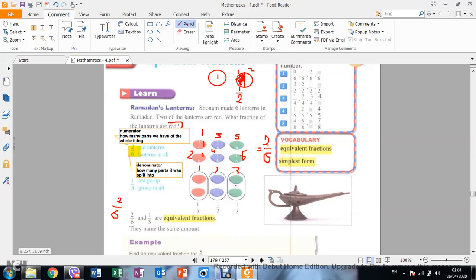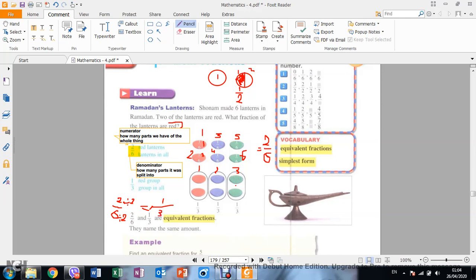Now we divide both numbers by 2. 2 divided by 2 is 1, and 6 divided by 2 is 3, which equals 1/3.